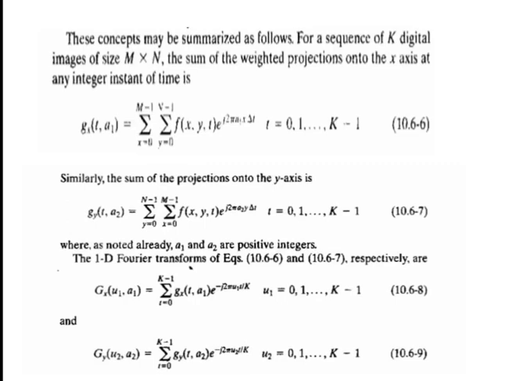The 1D Fourier transforms of the above two equations respectively are g x of u1, a1 is equal to summation of t is equal to 0 to k minus 1 g x of t, a1 e raised to minus j 2 pi u1 t upon k, for values of u1 0, 1 up to k minus 1, and g y of u2, a2 is equal to summation of t is equal to 0 up to k minus 1 g y of t, a2 e raised to minus j 2 pi u2 t upon k, u2 is equal to 0, 1 up to k minus 1.